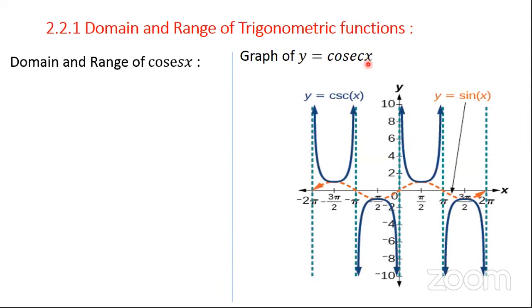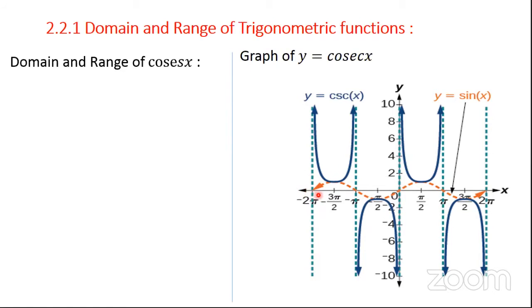Therefore, cosec 180 degrees does not exist. The same thing will happen if we go for 2 pi, 3 pi, like this on the positive x-axis, or the same thing will happen for minus 180 degrees, that is minus pi, minus 2 pi, that is for negative values also.